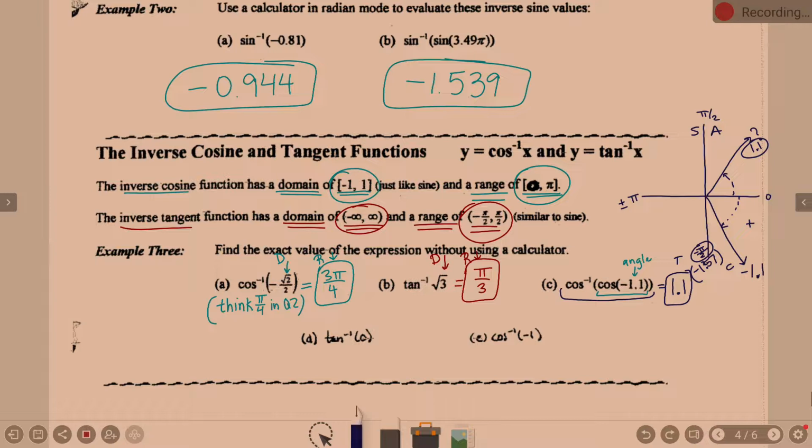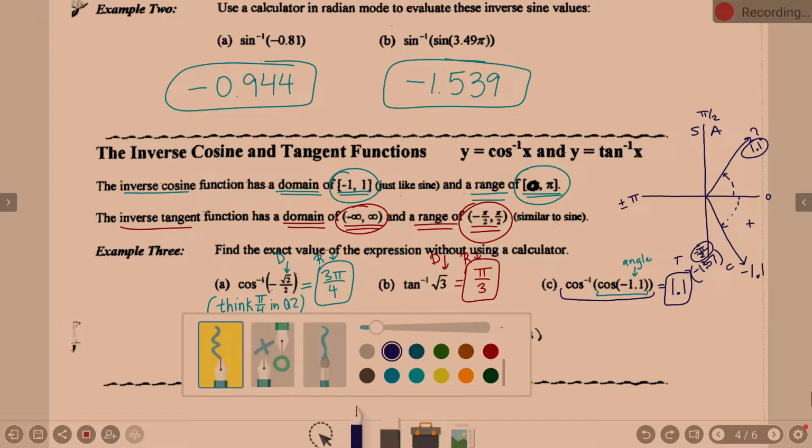Okay. Let's try D. Tangent inverse of 0. Is my domain okay? Well, yeah, my domain's okay because my domain on tangent inverse can be anything.